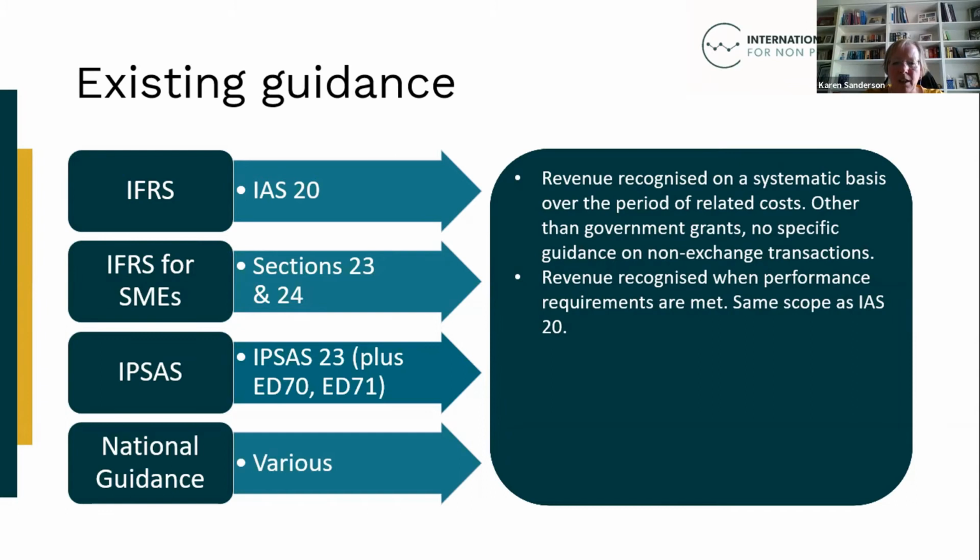So the IFRS for SMEs standard is much more positioned in terms of thinking about performance requirements. There is no option to deduct the grant when determining the carrying amount of the asset, and this is a key difference to IFRS.